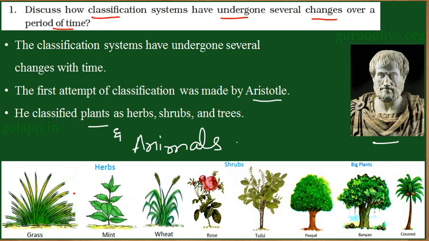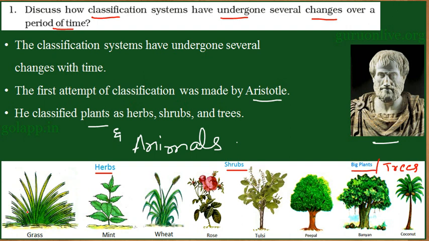Under plants, all plants were grouped together. Now further, based on certain characteristics of plants, he grouped them into herbs, shrubs and trees. This grouping was done based on the height.